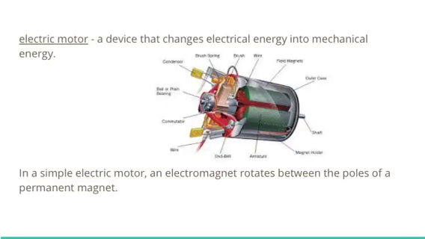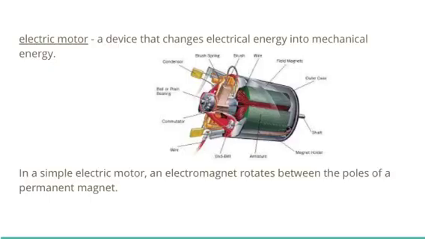As this electricity goes in, causing it to rotate around, that makes the mechanical energy of the motor continue to rotate and turn the axles, or turn the pistons, or whatever the purpose of the motor is.